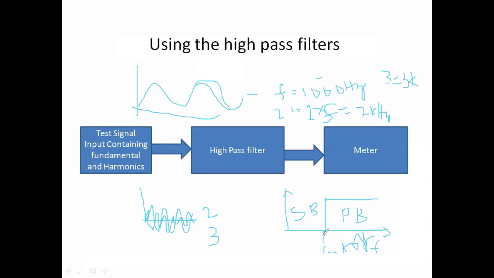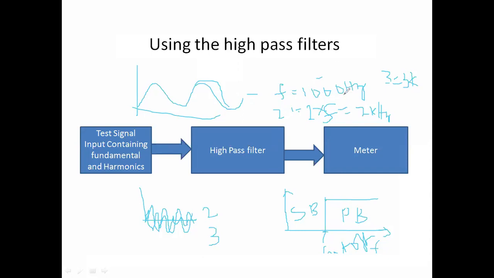So we choose a cutoff frequency which is just more than the fundamental frequency, so it blocks the fundamental frequency component and allows all other components, because the second harmonic and so on are multiples of the fundamental frequency.